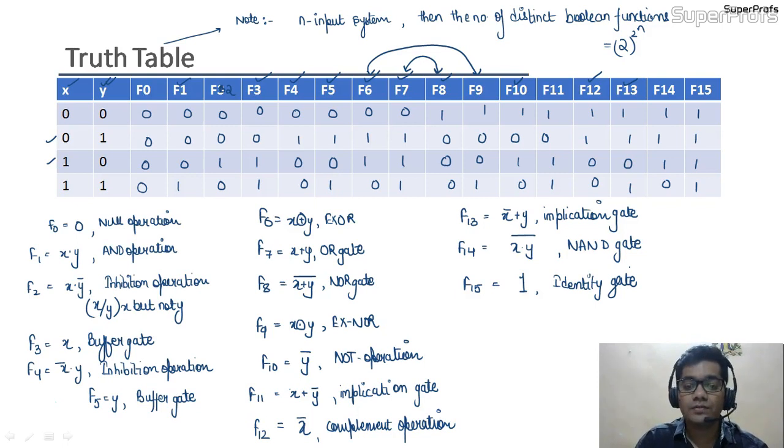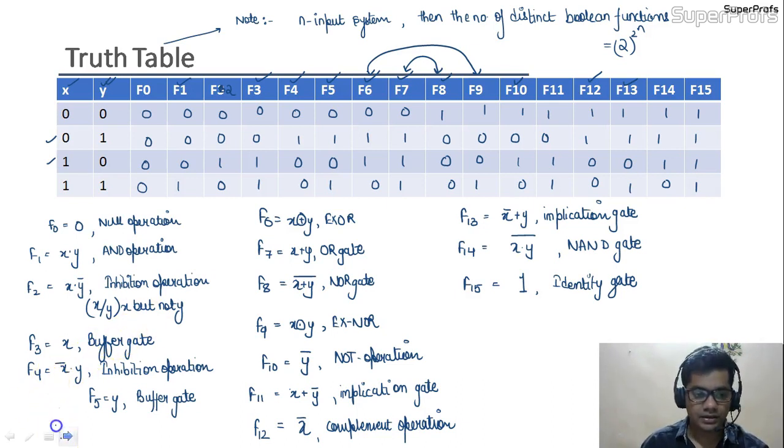Similarly, if we go for a 3 input system and a 4 input system, we are also able to understand the distinct Boolean functions possible for that input system. So here we can see that from F0 to F15 all the functions are distinct in nature, and this is the total number of distinct Boolean functions that are possible for a 2 input system.